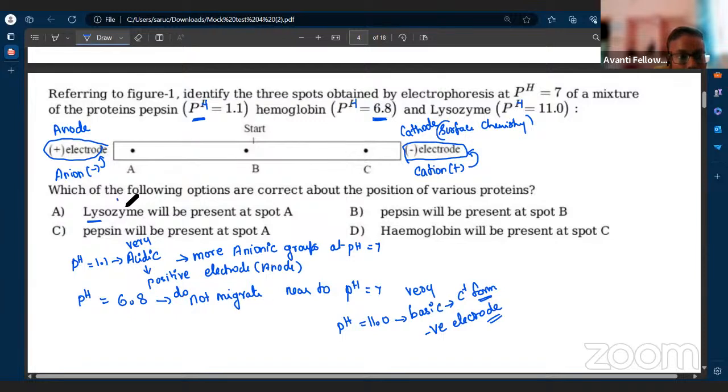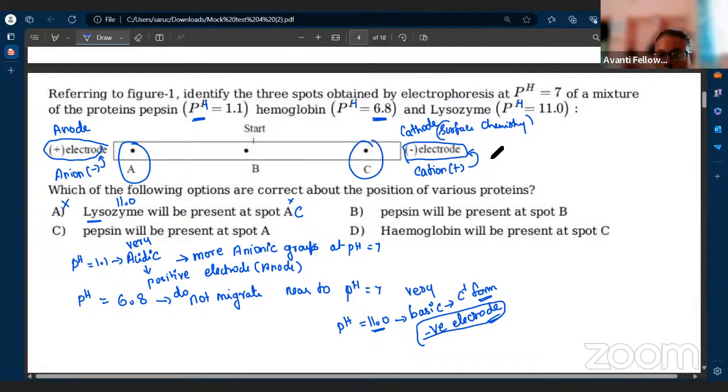Lysosome is at 11.0, and option says it will be present at spot A. Spot A is nearer to the anode, the positive electrode. But since 11.0 is basic, it will move to the negative electrode. So lysosome should be at spot C, which is nearer to the negative electrode, not at A. So this option is wrong.